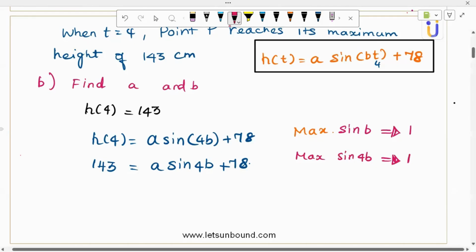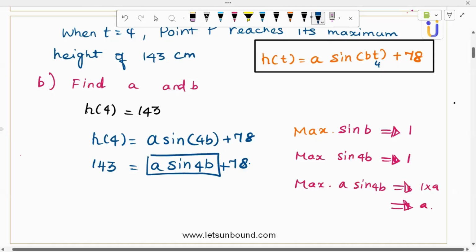So what is the maximum of a times sine 4b? That is 1 times a, because a is positive. So if you maximize the first term, the maximum possible is a.